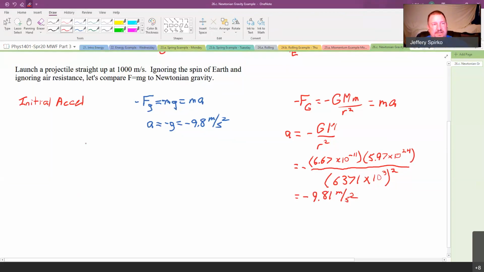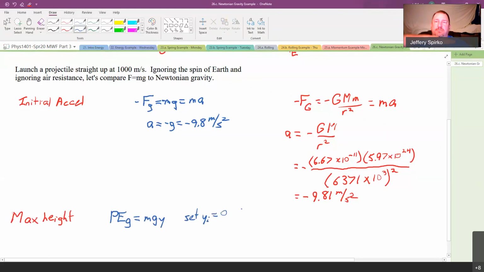So let's calculate max height. Using regular gravity, PE of regular gravity is mgy, and set y initial equals 0.